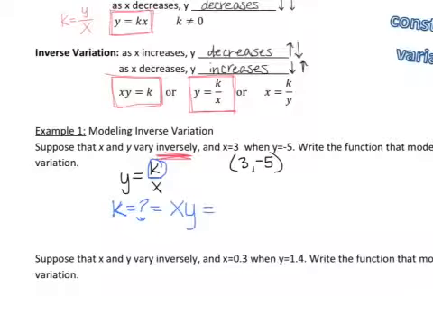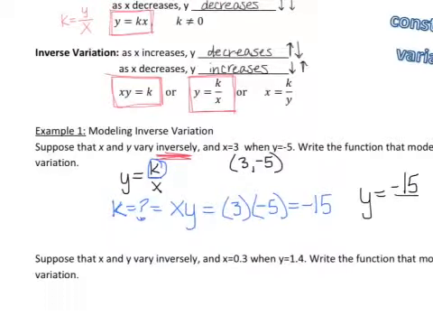What is X for us? It's 3. Y is -5. Multiply them. We get -15. So we just plug that back into the formula right here. So we get Y equals -15 over X. And that's the answer.